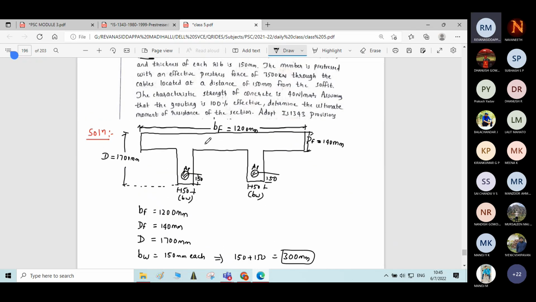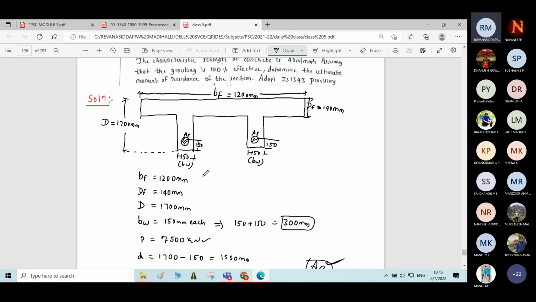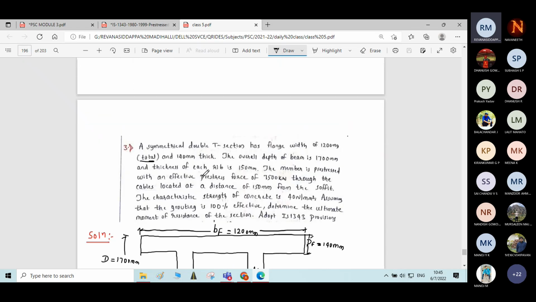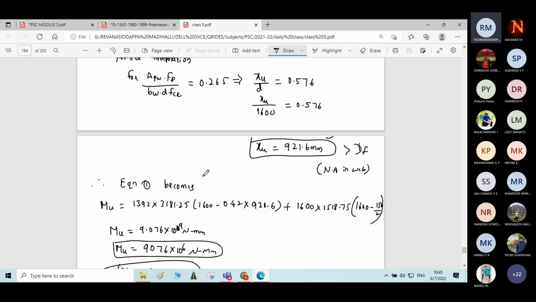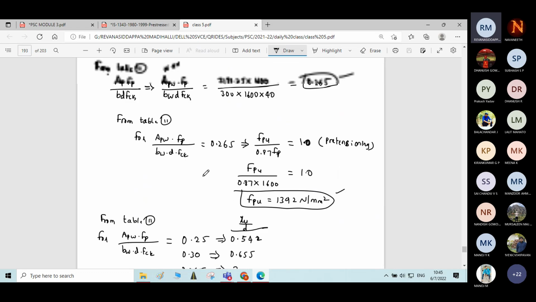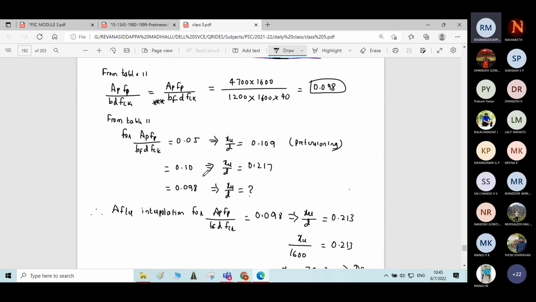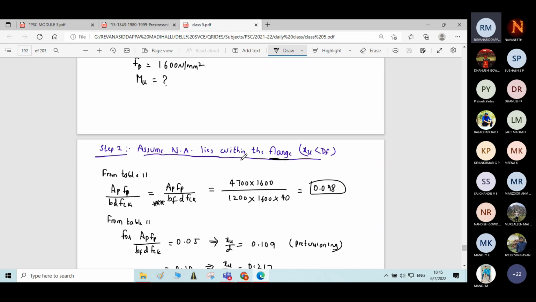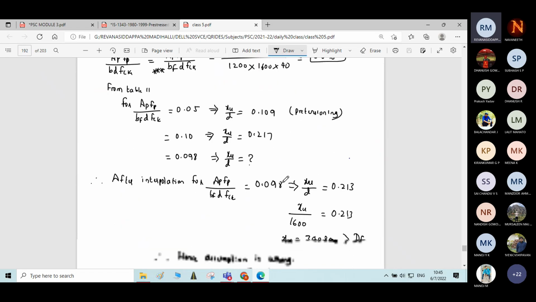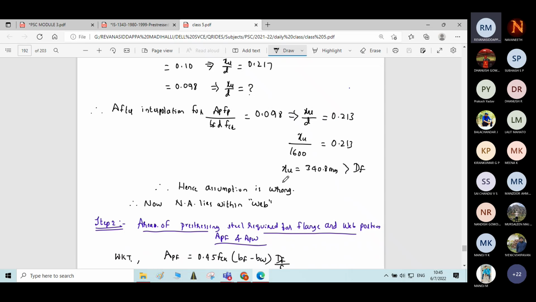Now, this is also a T section. We don't know which is the case, whether the depth of neutral axis lies within the flange or within the web. For that we need to make some assumption. In the previous problem, I assumed that the depth of neutral axis lies within the flange, and I estimated the xu by d value.